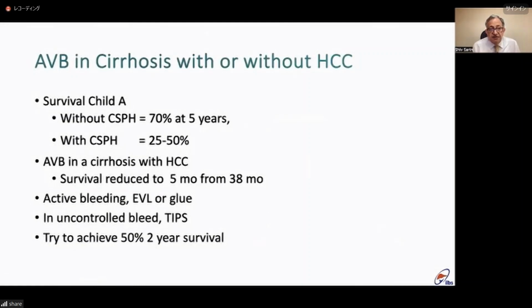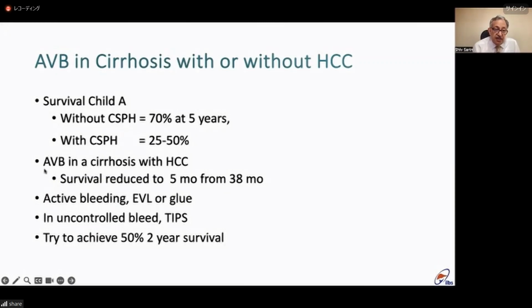Now, patients of AVB, acute variceal bleed, in cirrhosis with or without HCC, what is the outcome? In a patient, normally no HCC, there is a Child A cirrhosis and he has got clinically significant portal hypertension. He has not bled. His survival for 5 years may be 25 to 50%. Without clinically significant portal hypertension, 3 out of 4 cirrhotics will survive 5 years.